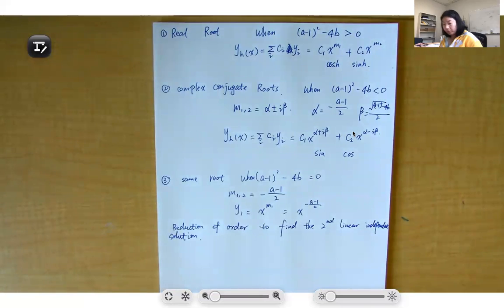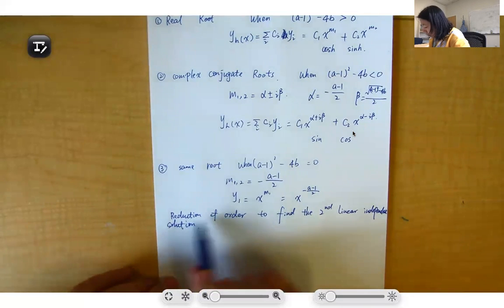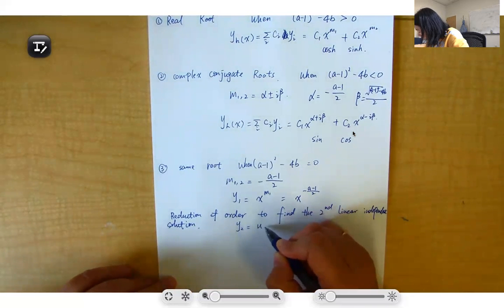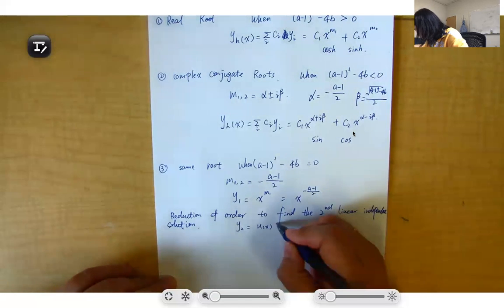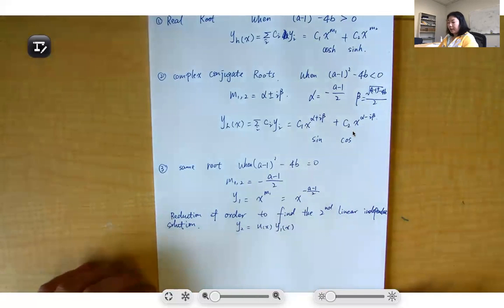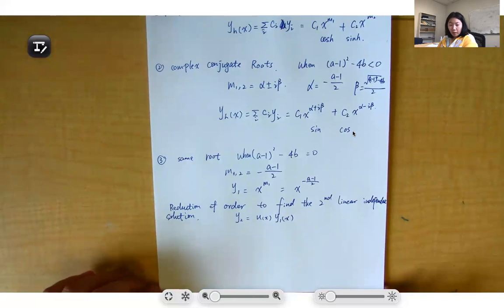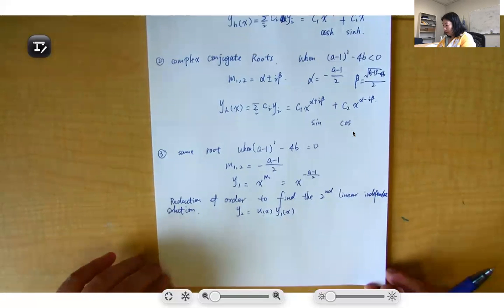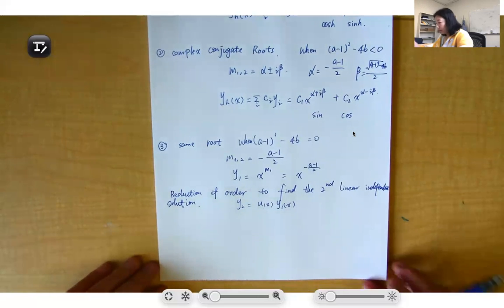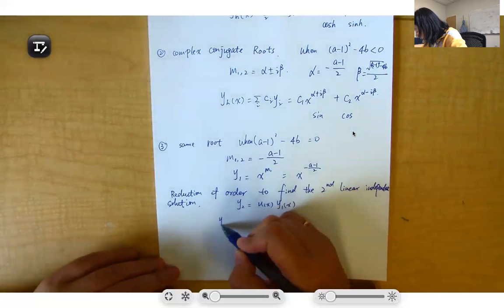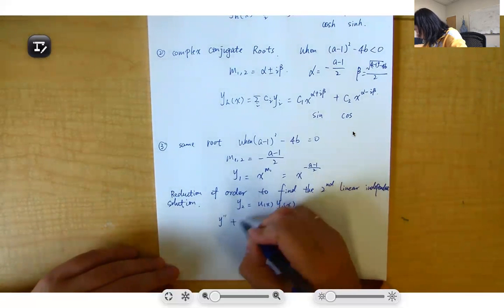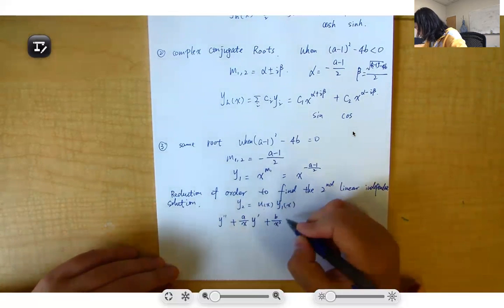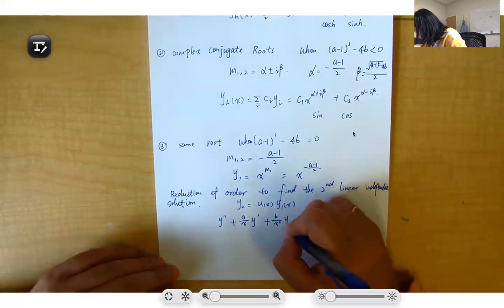And our original form. So in order to use reduction of order, you assume y2 will be equal to u, which is a function of x, times y1, which is also a function of x, and then you derive y2 double prime and y2 prime as functions of u prime and y1 prime, so that you can replace your original equation, which is y double prime plus a divided by x, y prime plus b over x squared, y equals to 0.